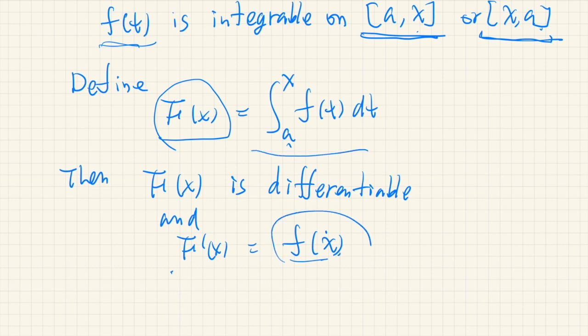So if we have some function, lowercase f of x, and if we can find some function such that its derivative is our given function, then the integral of this lowercase f of x is this uppercase F of x. Okay, so calculating the integral of a function becomes a matter of finding some function like this.